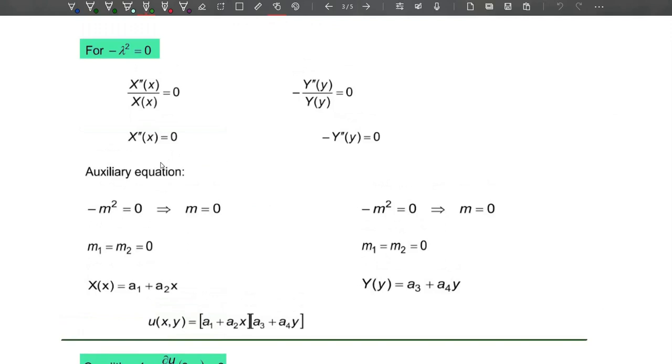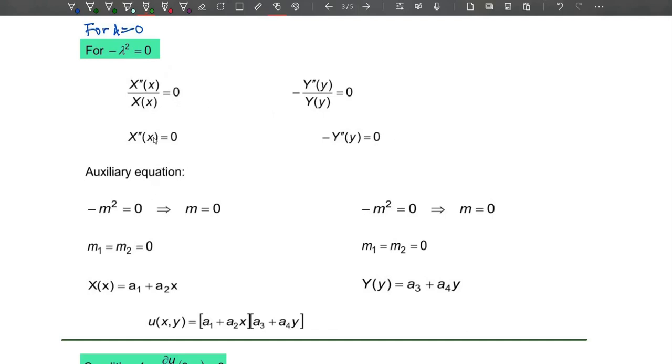Okay, here it comes. If you recall earlier, we have another case where lambda should be equal to 0. For when lambda equals 0, negative lambda squared is also equal to 0. Therefore we need to start all over again from the starting point. Since lambda equals 0, we write those terms.